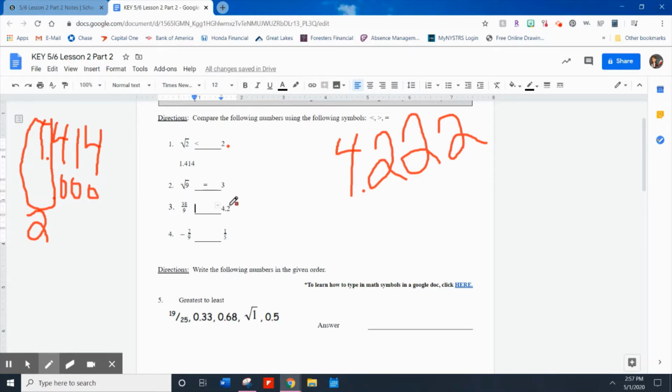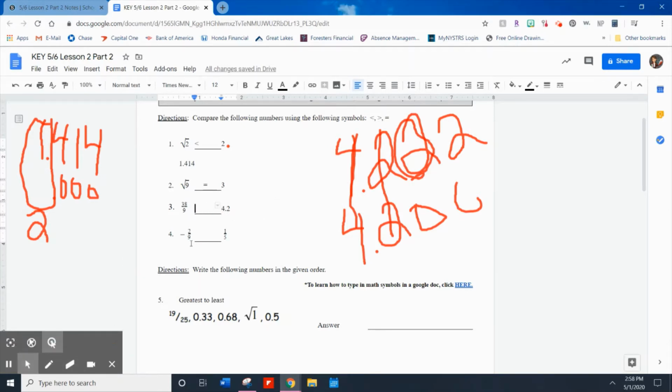There's no little bar over it saying it repeats. So that means it's just 4.2 and that's it. That means the rest of these are zeros. Okay, so that doesn't help us. Right here, it tells us that that 2 is going to be bigger. So the repeating number is bigger. So 38 over 9 is greater than 4.2.